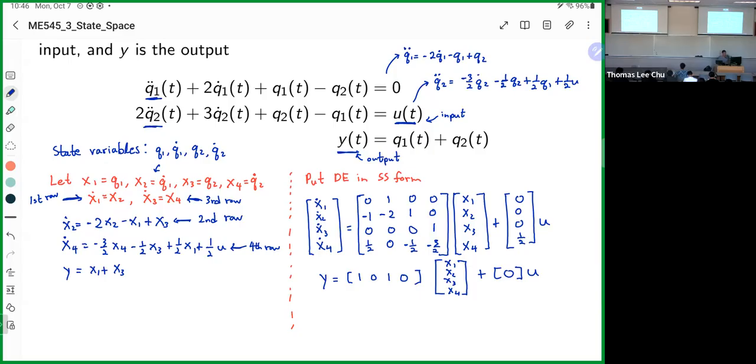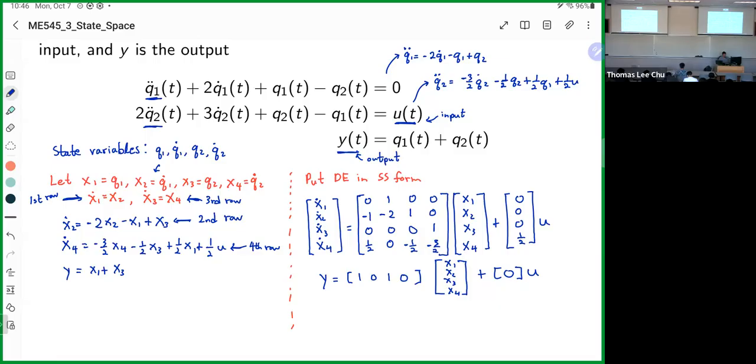Any questions? All right. So that's an example where we have 2 degrees of freedom, with 2 different systems, each with a second derivative.